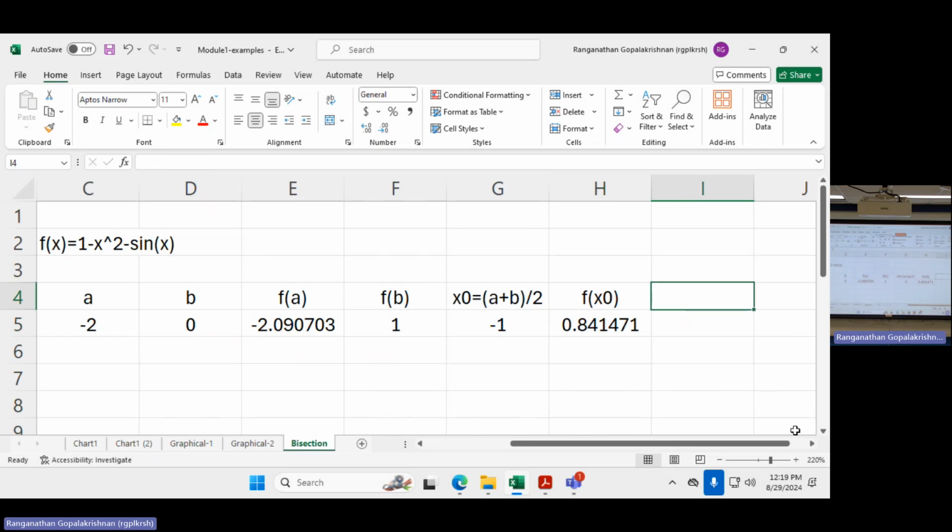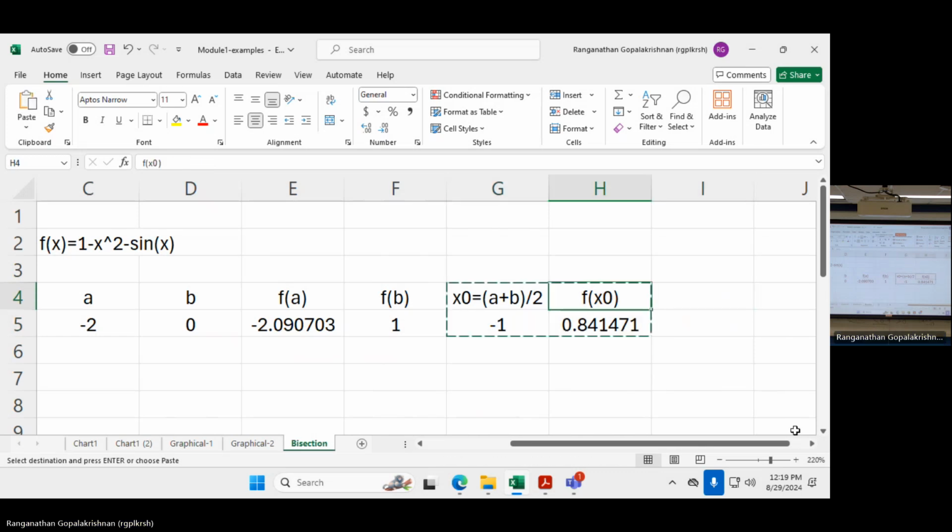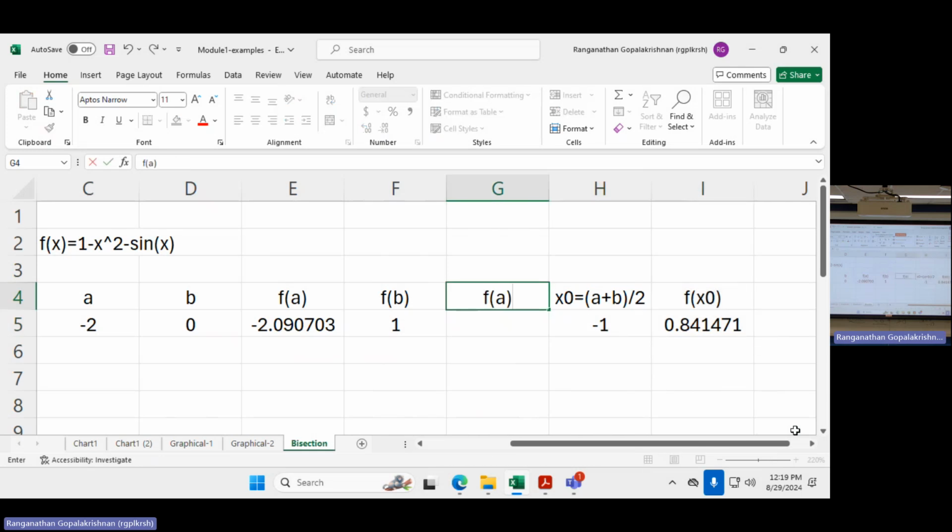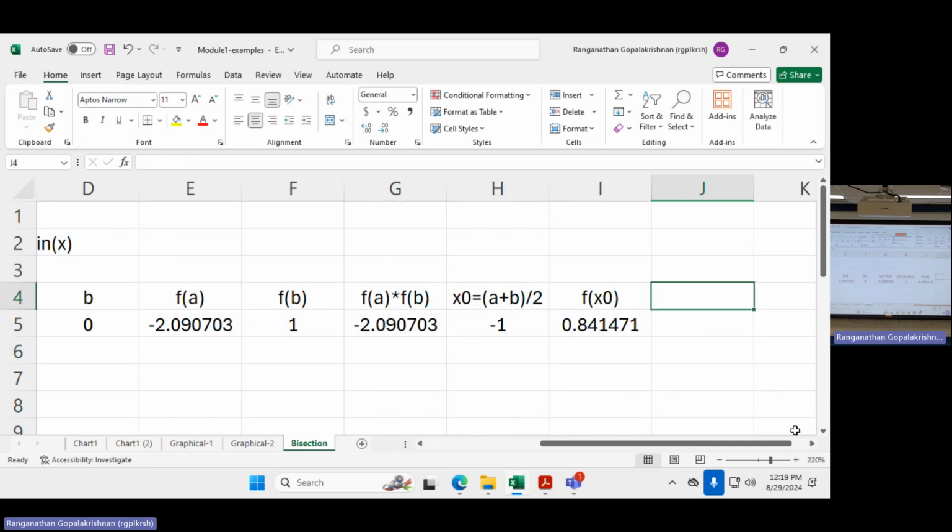Okay, what's the next step? We had one step here where we computed f of A times f of B, which is the product of these two. And then we compute f of A times f of x naught. How will you do this? f of A times f of x naught.